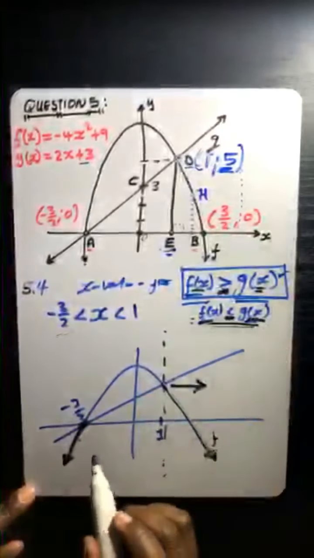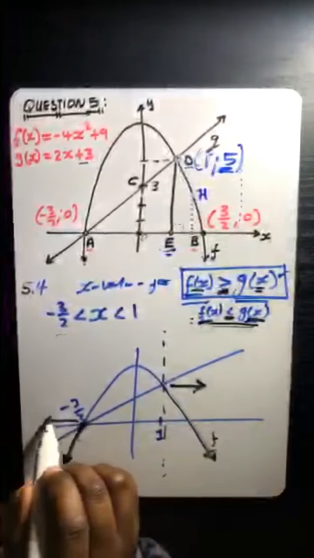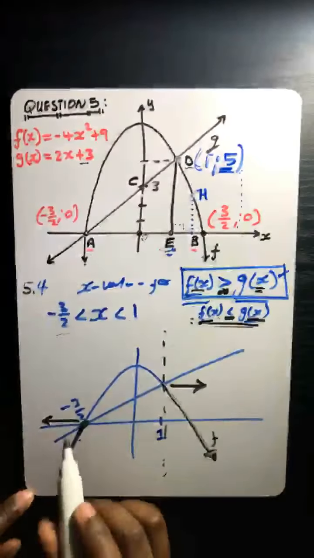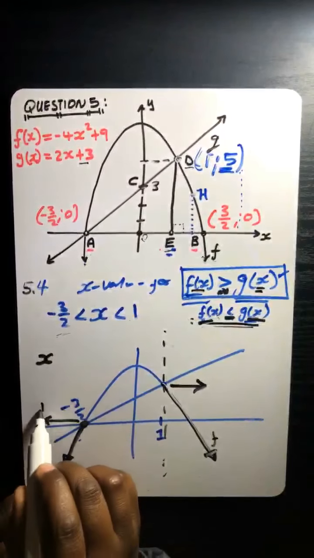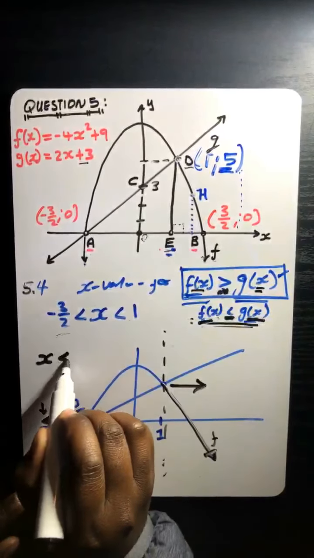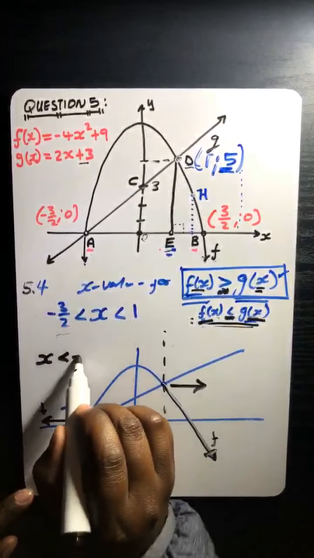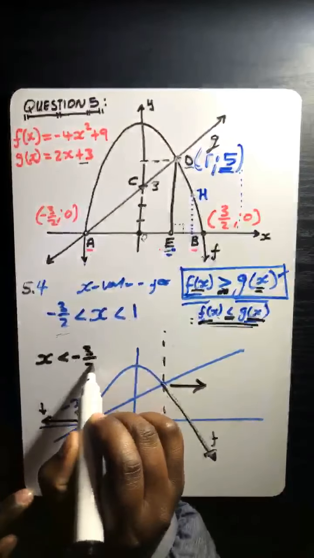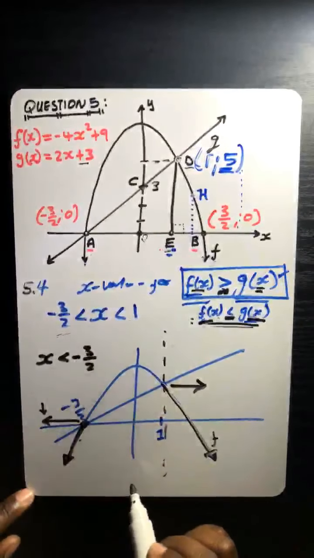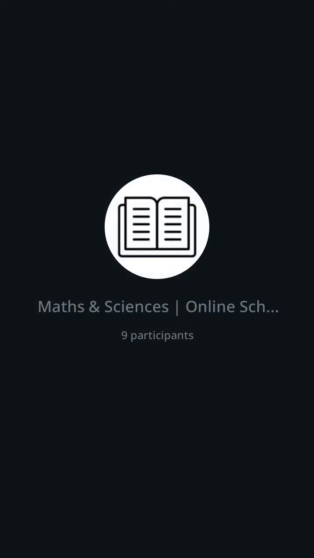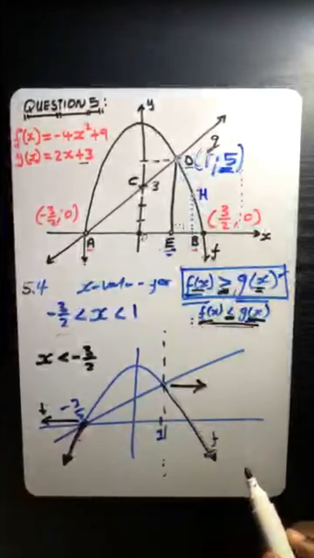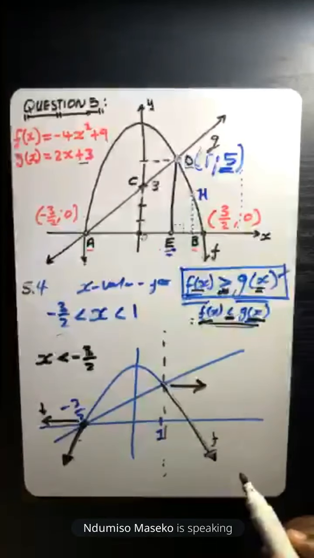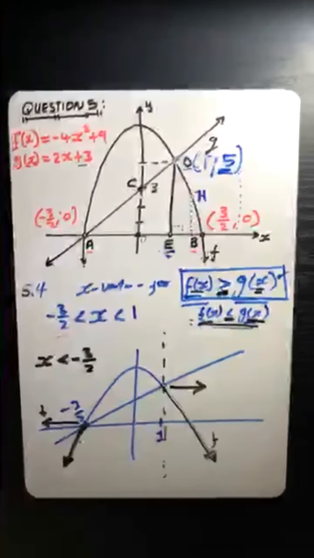So I'm going to say where the x value, using that arrow in that direction, is less than negative 3 over 2. That's where you have f of x below g of x. Does it make sense then? Yes, sir, thank you. Okay, it doesn't end there.